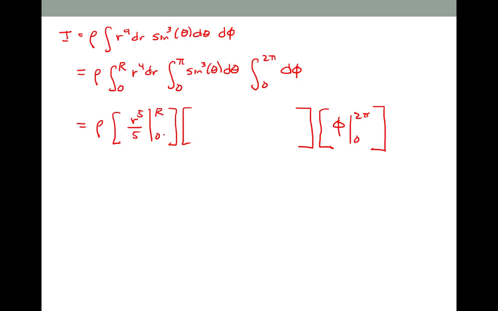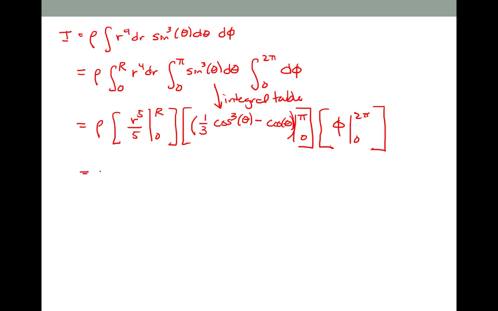And it turns out the integral of sine cubed theta is 1/3 of the cosine of theta cubed minus the cosine of theta. And I need to evaluate that from 0 to pi. Okay, again, I looked at an integral table. Translation, I Googled it. There you go.